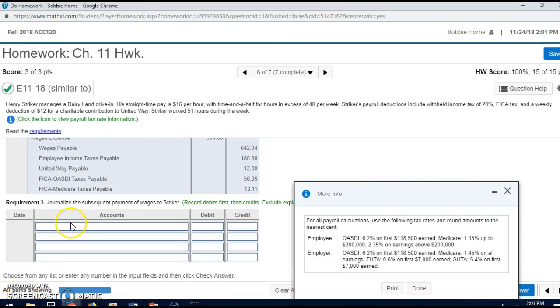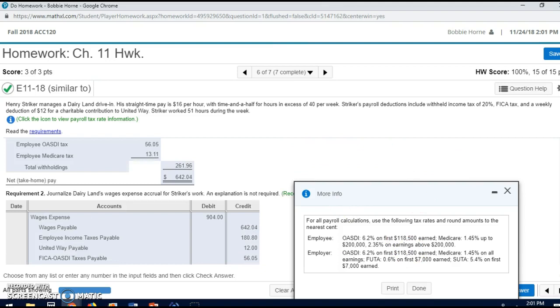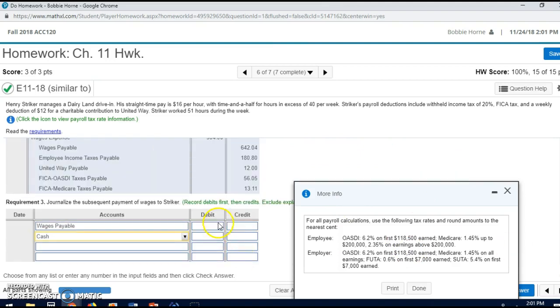Okay, and then the payment of the wages, when we actually pay this person, we're going to debit wages payable and credit cash for the net take-home pay, the $642.04. Remember, that's what they're actually going to get paid. The rest of it is getting paid on behalf of them.